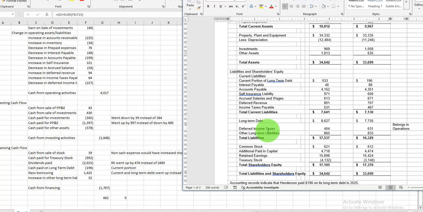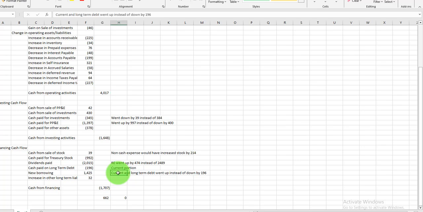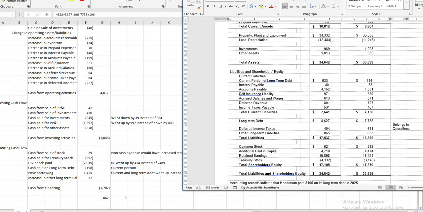It goes up. Therefore we must have borrowed more money. We borrowed enough that it overshadowed the 196 and still made our debt go up. So take the difference and add the 196 and you get 1425.